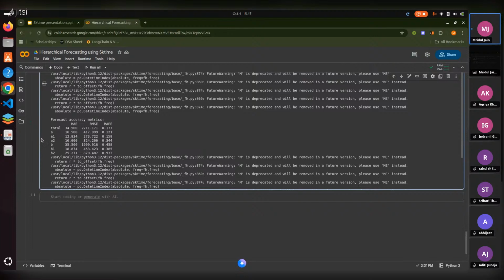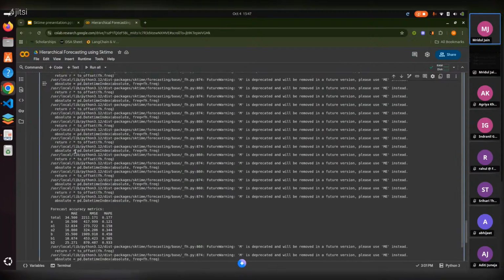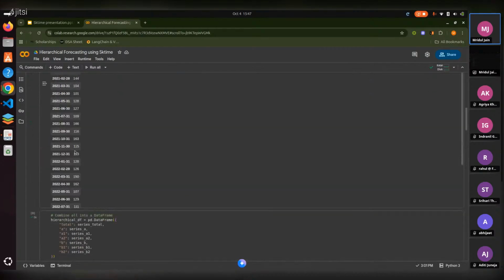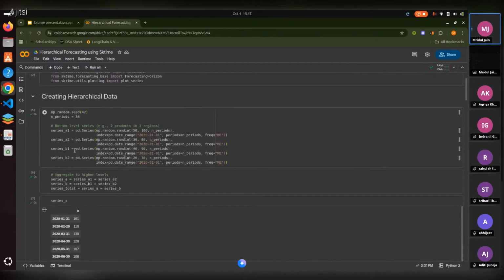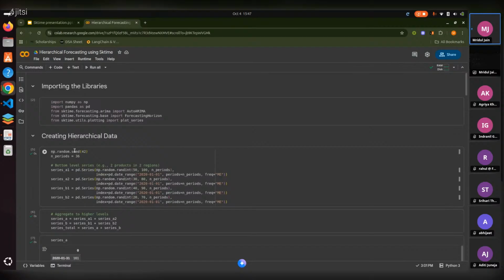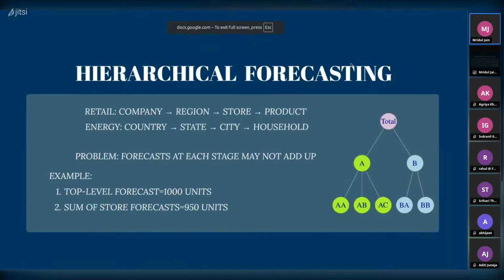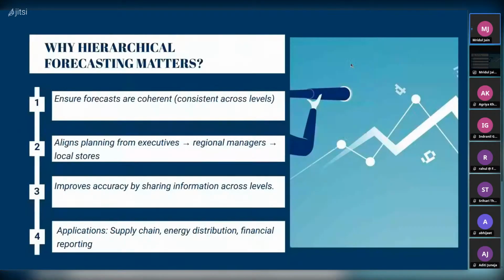So for total, for A1, A2, B, B1, B2. So yeah, I'm pretty sure you got the overall idea. What are we trying to achieve here, and what are the gaps we are filling by using sktime? Because time series predictions or time series forecasting, they all have very high demands in today's industries, right?